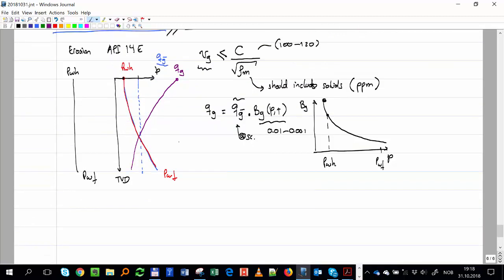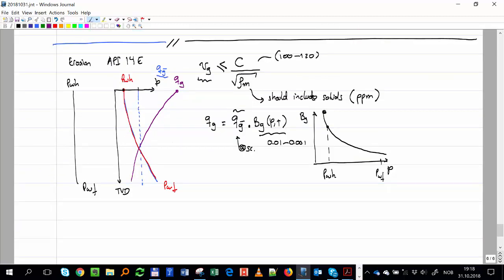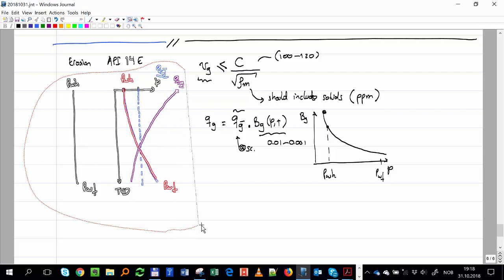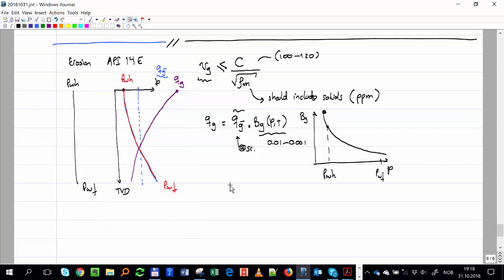And now how do I calculate the velocity of the gas? It's the local rate divided by the area of the pipe, right? VG will be QG local divided by pi D squared over 4.